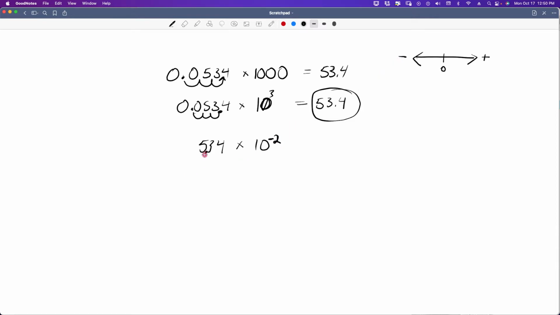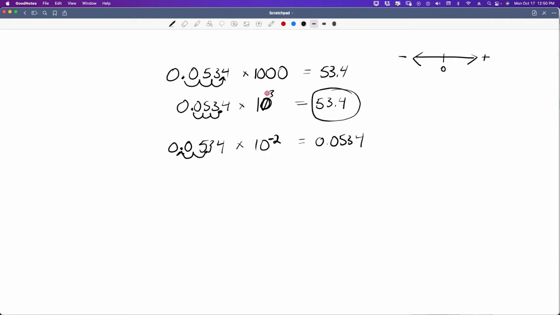So I would go 1, 2, and that's where my decimal would be. I have to put a 0 here, I'd put the decimal, and then I'd put a 0. And so that number would equal 0.0534 because of where I needed to move it to.